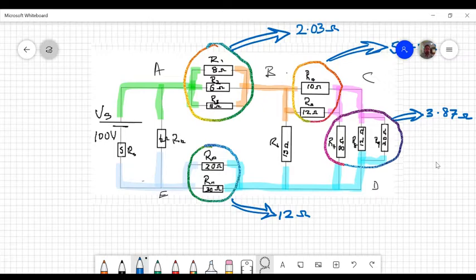And between E and D, I'm going to put 12 ohms. So the circuit now will be vastly simplified and reduced. Now, remember, I use my parallel resistance formula to calculate the resistance of these groups, right? Your calculator has a function called reciprocal, which enables you to do that calculation directly.